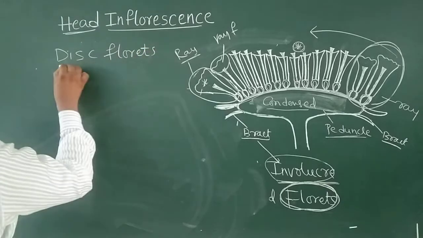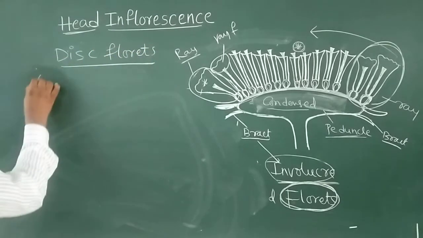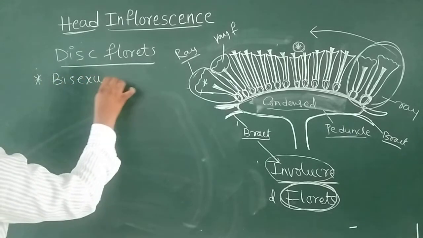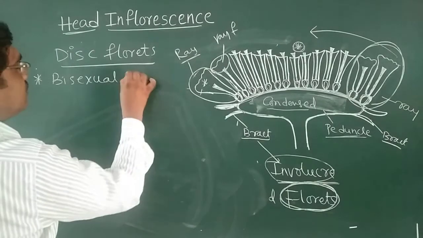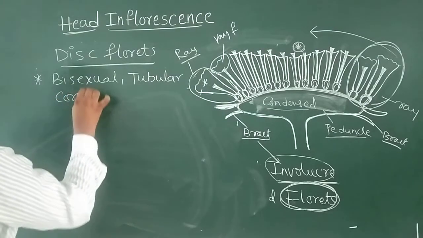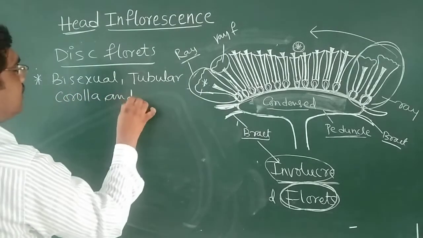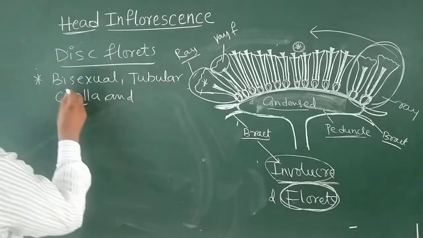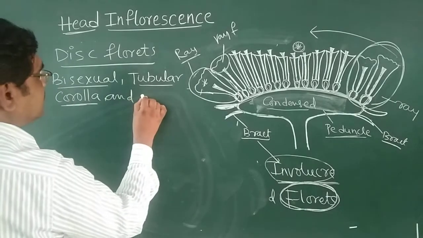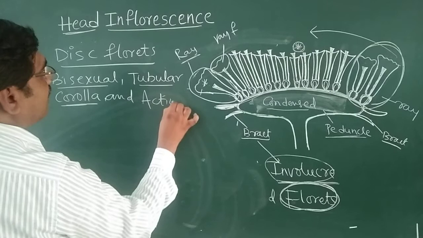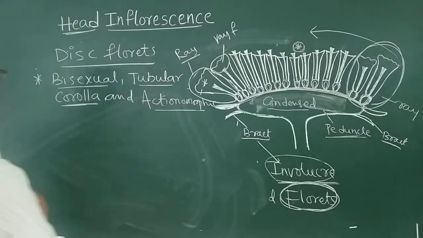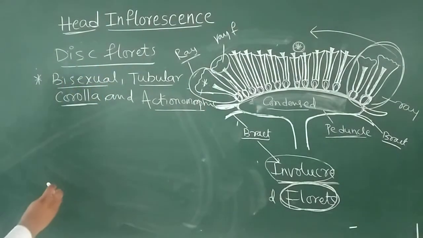Disc florets are bisexual flowers with a tubular corolla, and they are actinomorphic flowers. So, what is the diagram of disc florets?